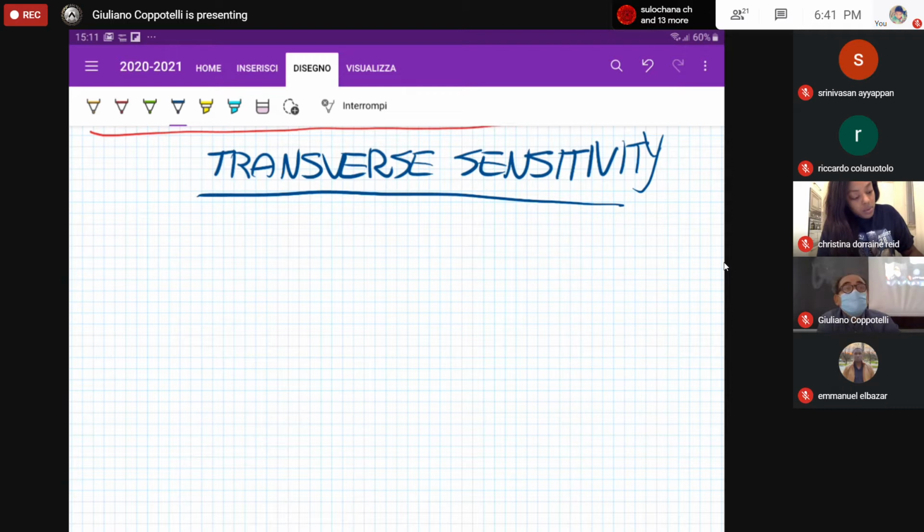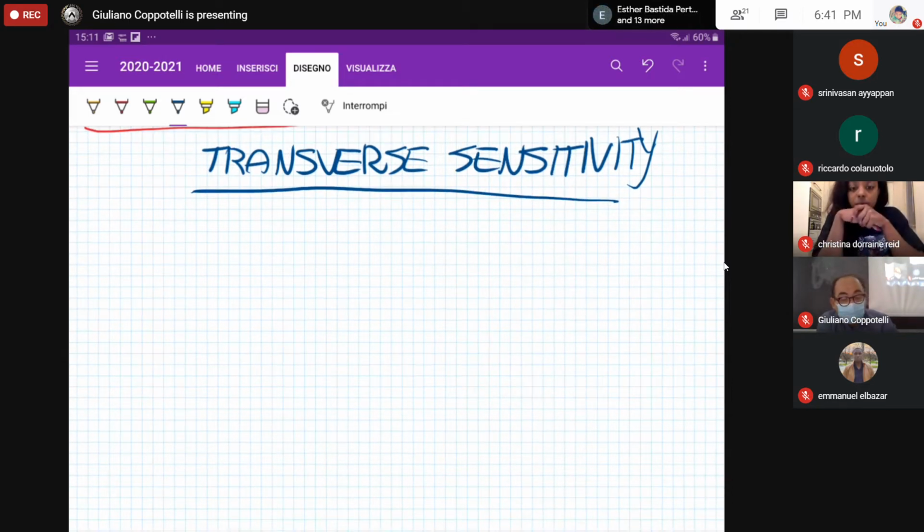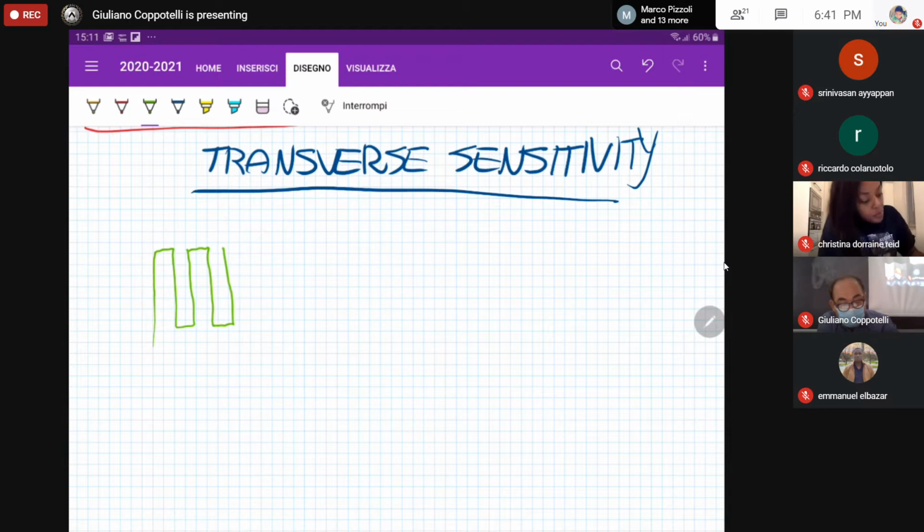In order to do that, and trying to keep the length of the cable the maximum possible, the cable should be made of different turns like this, okay?